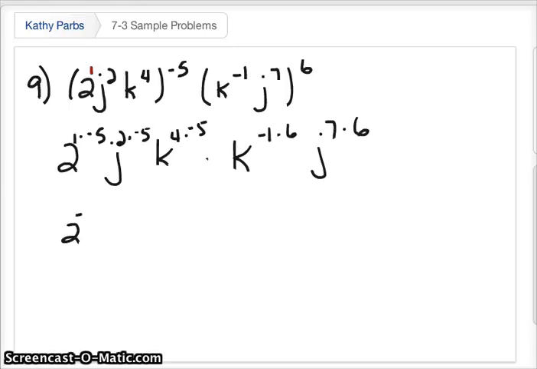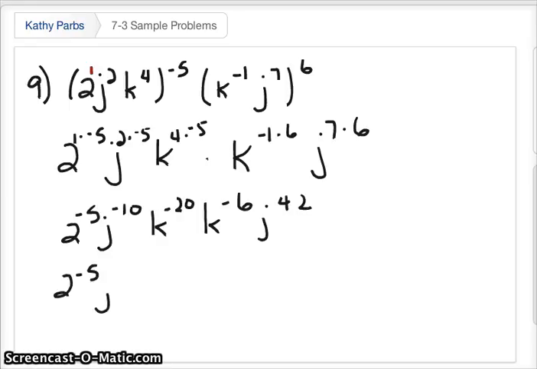We would have 2 to the -5, j to the -10, k to the -20, k to the -6, j to the 42nd. So we would have 2 to the -5. On our j's, we have a -10 and a 42, so we would add those. On our k's, we have a -20 and a -6, so we would add those.